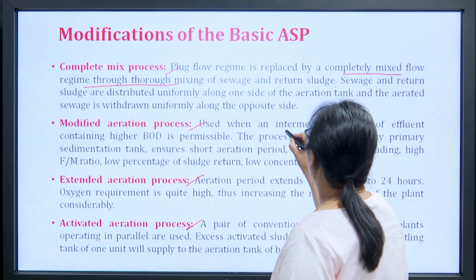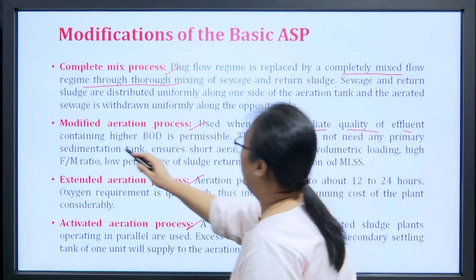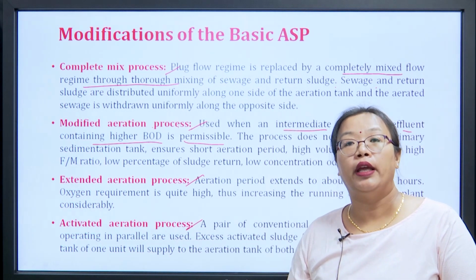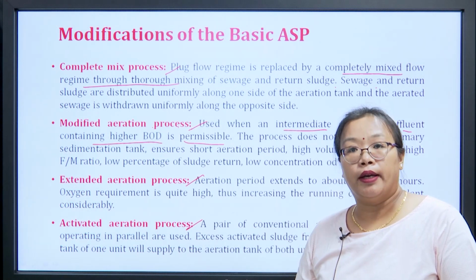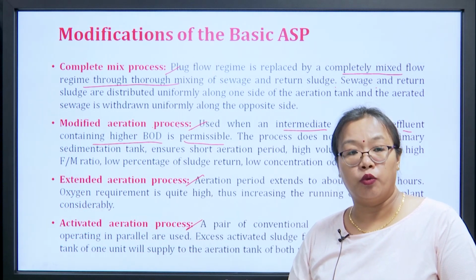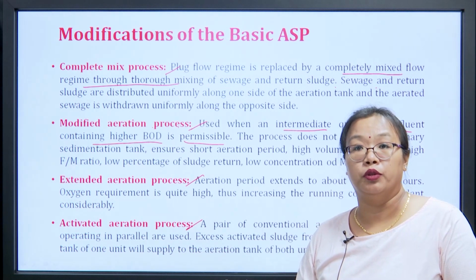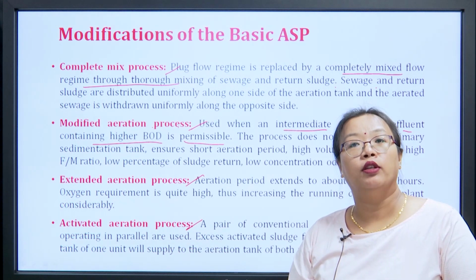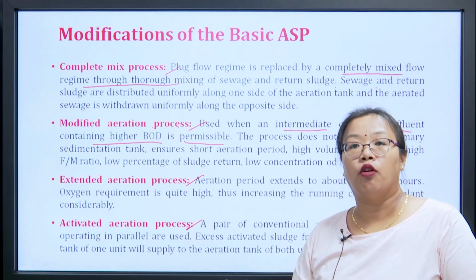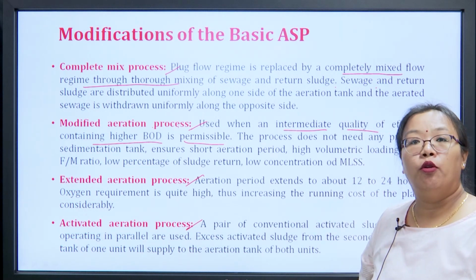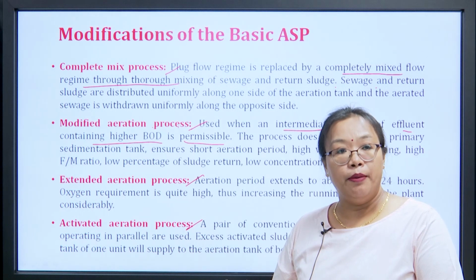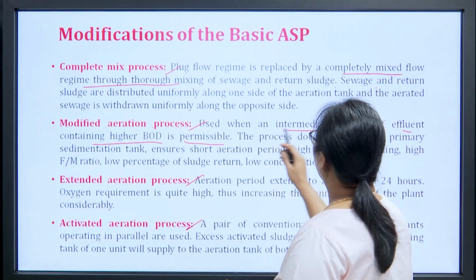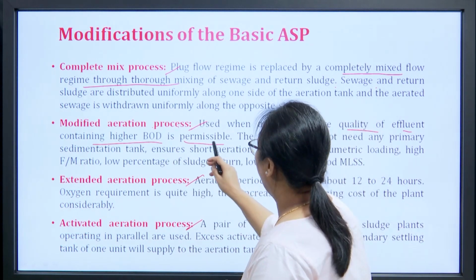It is used when an intermediate quality of effluent containing higher BOD is permissible. मतलब अगर आपको बहुत अच्छा effluent नहीं चाहिए तो भी चलेगा, जैसे अगर आपको you are simply going to do some farming with that water, then in this case हम लोग modified aeration process कर सकते हैं, जिसमें हमारा बहुत सारा पैसा save हो जाएगा, हमारा cost काफ़ी कम हो जाएगा. इसमें higher BOD comparatively होगा तो भी चलेगा, right. So it is used when intermediate quality of effluent containing higher BOD is permissible.